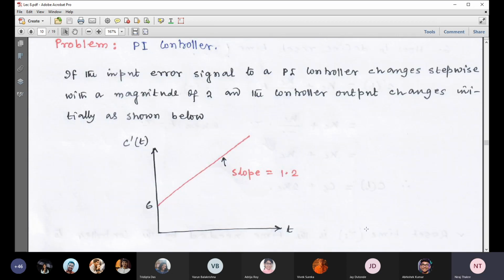And you note down this question and give me the answer in the next class coming Thursday. Solve it, and let me know the answer in the next class.